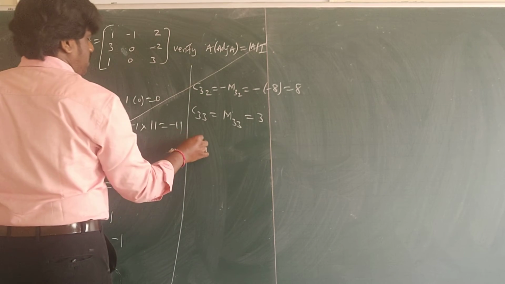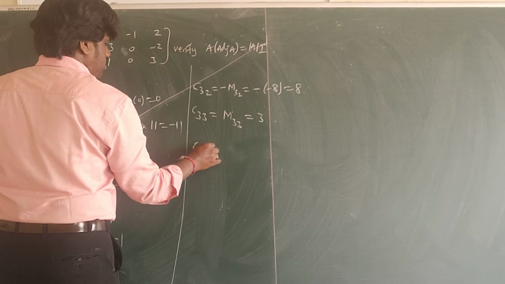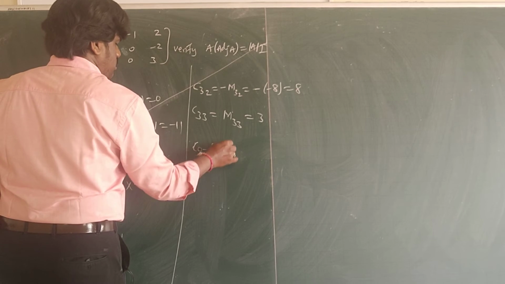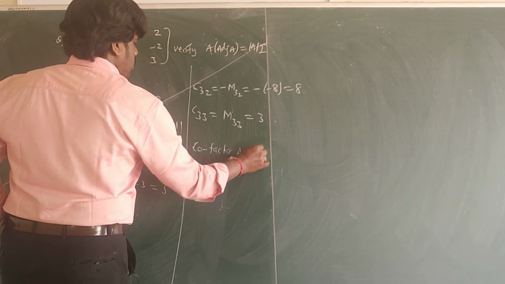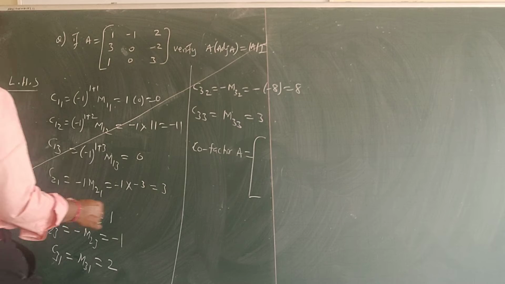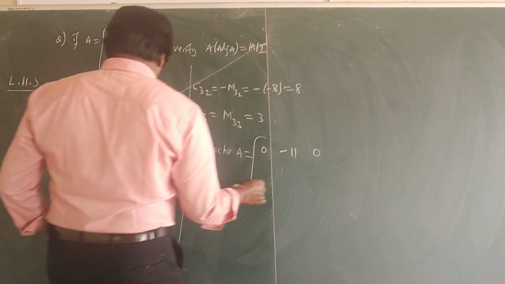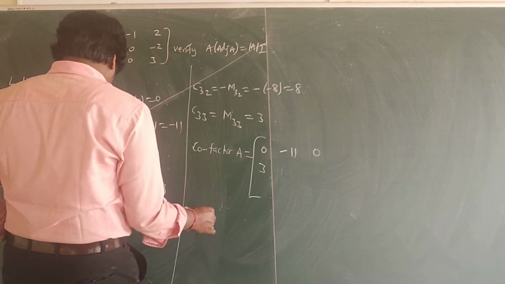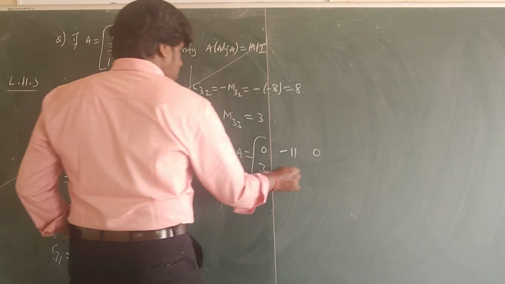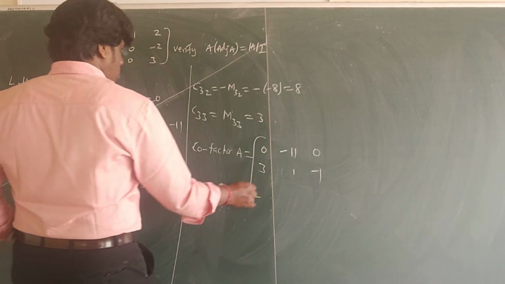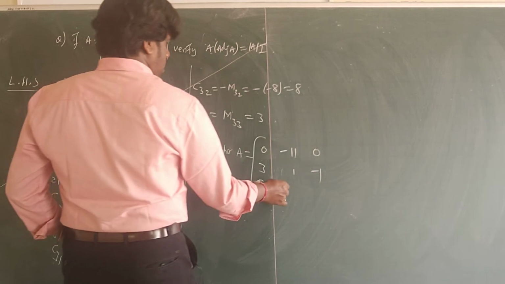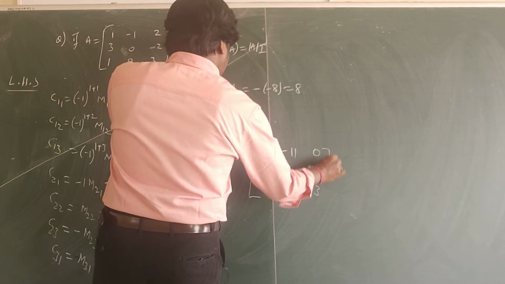So the adjoint of the A matrix will be from the cofactor matrix, right? Cofactor of A is equal to, you will get 0, minus 11, 0, 3, 1, minus 1, 2, 8, 3. This is the cofactor matrix.